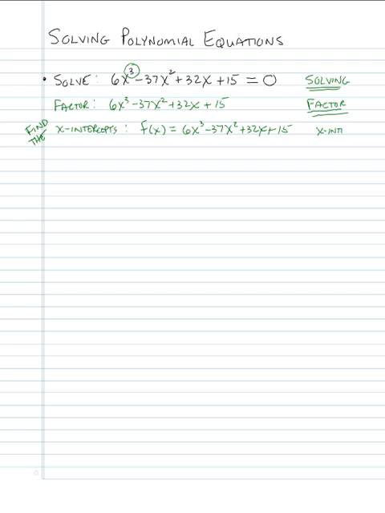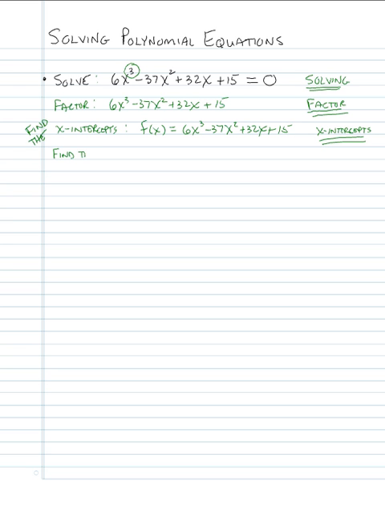So finding x-intercepts is related to solving a polynomial equation, which is also related to factoring. Those 3 things are much the same. And then there's going to be one other term that may show up in your reading, or I may use it here, and that is finding the zeros of a function.